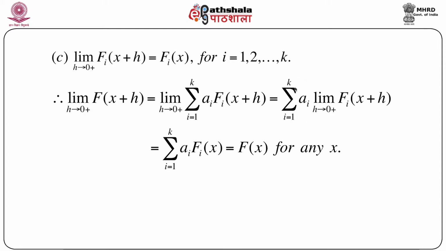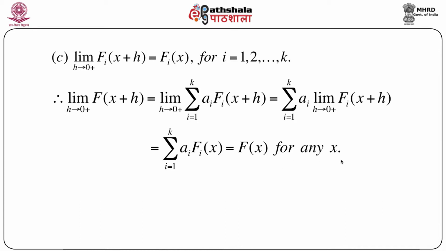So this entire quantity becomes summation i equals 1 to k a_i limit h goes to 0 plus F_i(x plus h), and since F_i is a distribution function, we have already seen that F_i is a right continuous function, so this limit is nothing but F_i(x), which immediately gives us the expression summation i equals 1 to k a_i F_i(x), which is nothing but the definition of capital F(x), the way we define capital F(x).